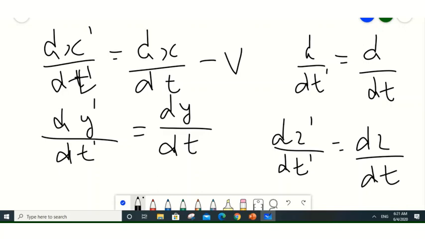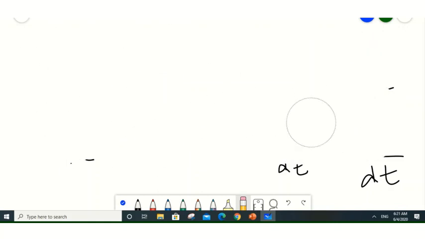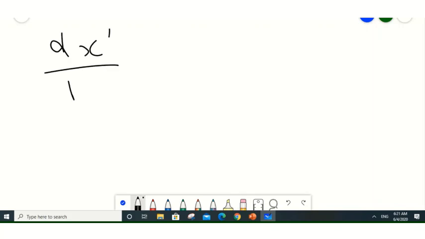We can write dx dash by dt dash is equal to u dash x. This is the x component of velocity measured with respect to S dash.